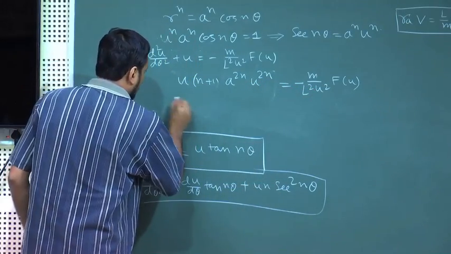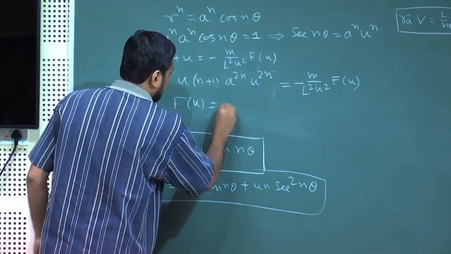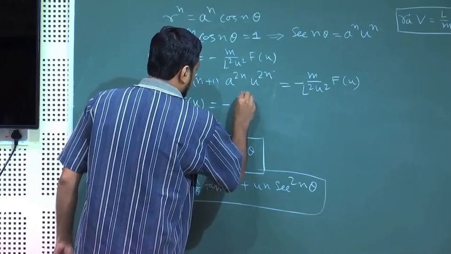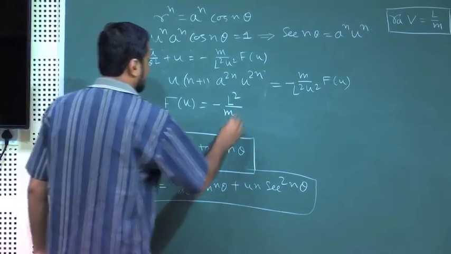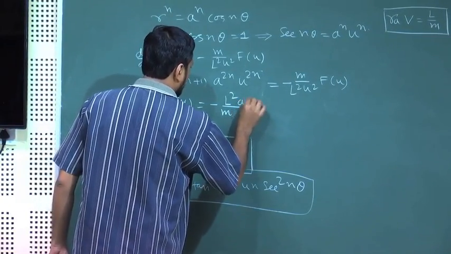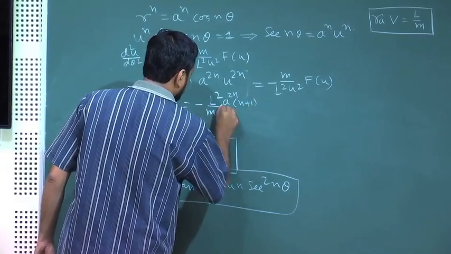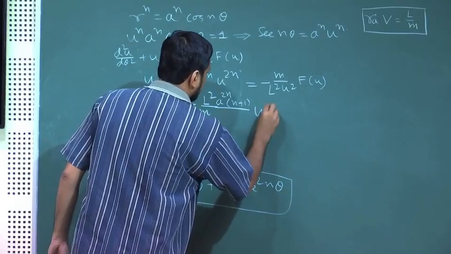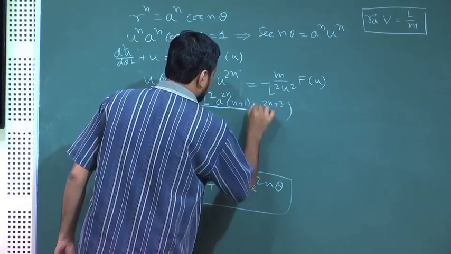So, altogether if we change sides of this, we get L square by m times a to the power 2n times n plus 1. This whole thing is a constant, so we do not worry much about it, u to the power 2n plus 3.